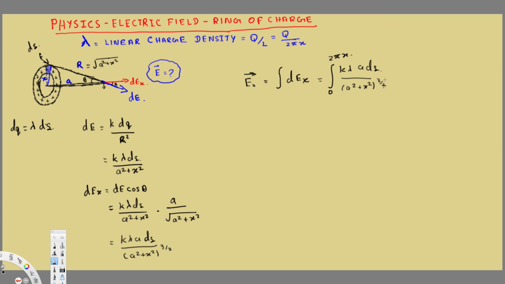Then we can move all the constants to the front. We are integrating ds, and we don't have any other s here, so we can move everything except ds out.